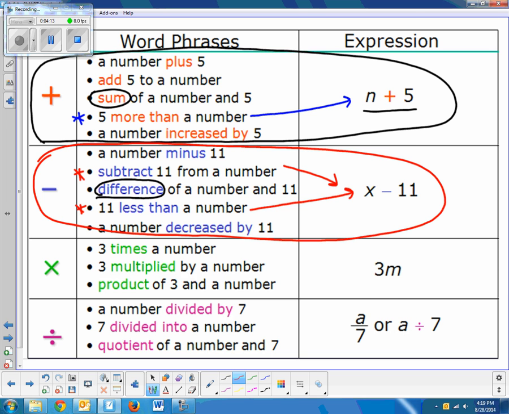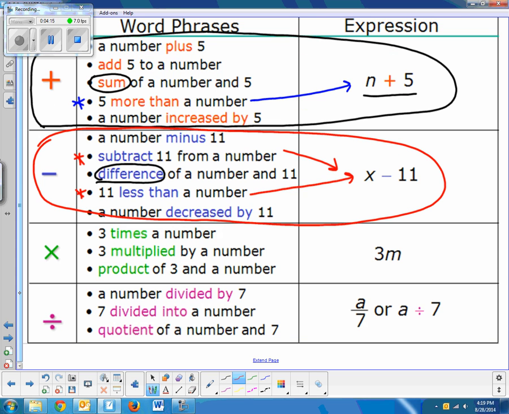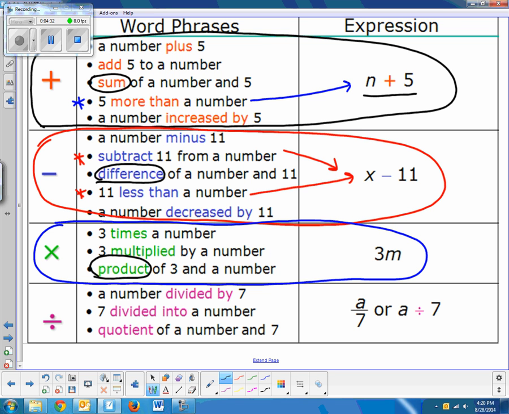Multiplication and division, you'll notice, are fewer ways of expressing it anyways, as a word sentence. But we have, for our multiplication there, 3 times a number, 3 multiplied by a number, and then the product. There's our mathematical word there, the product of 3 and a number. So product is multiplication in our mathematical language.